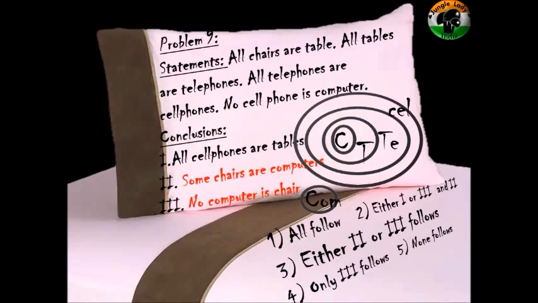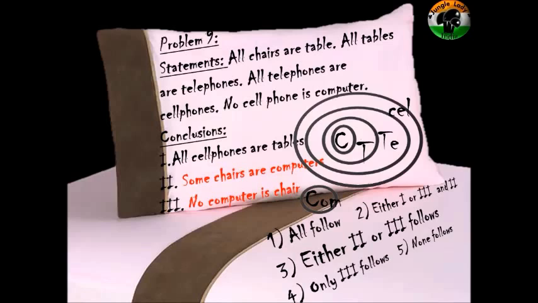Now, can you draw any more diagrams for the same statements using your intelligence, creativity and imagination? I really couldn't do anything, because in the statements computer and cell phone should be separate. They have stated it in the last statement, no cell phone is computer.